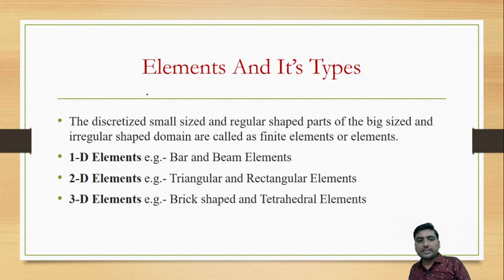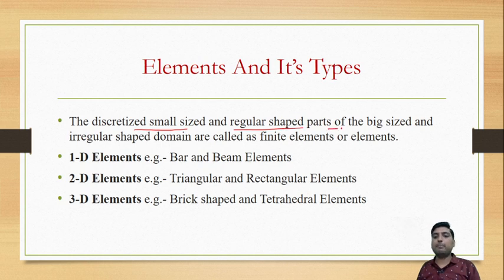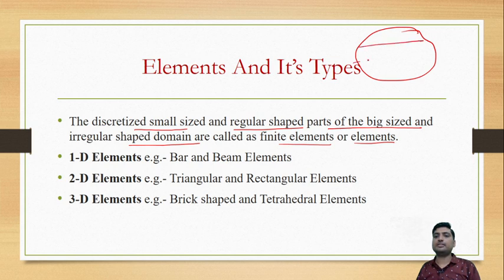Elements, we have already discussed what they are. Discretized, small size and regular shaped parts of a big size and irregular shaped domain are called finite elements or elements. Means a big size is there, and we have divided it into small portions.